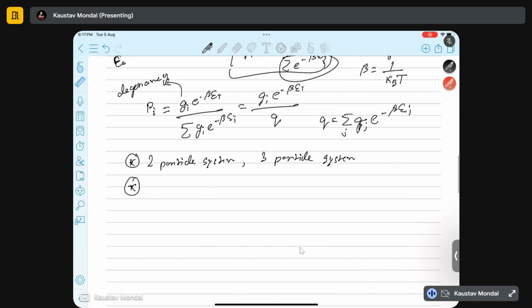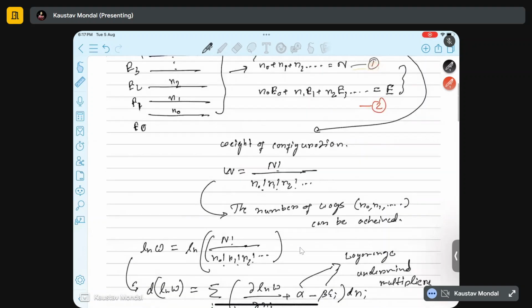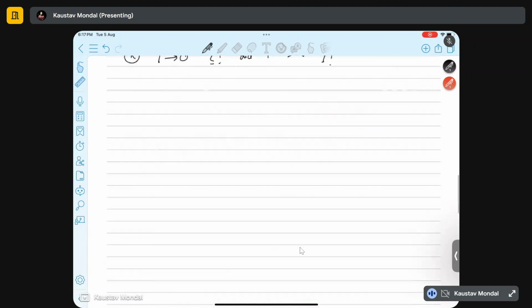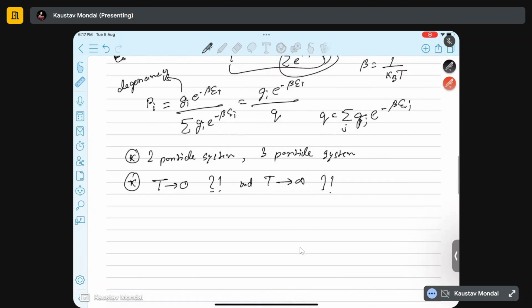Next we also discussed the behavior of the system at the extreme ends of temperature: if T tends to 0, what would be the system behavior, and if T tends to infinity, what would be the system behavior. These are the things that we did in the previous class.